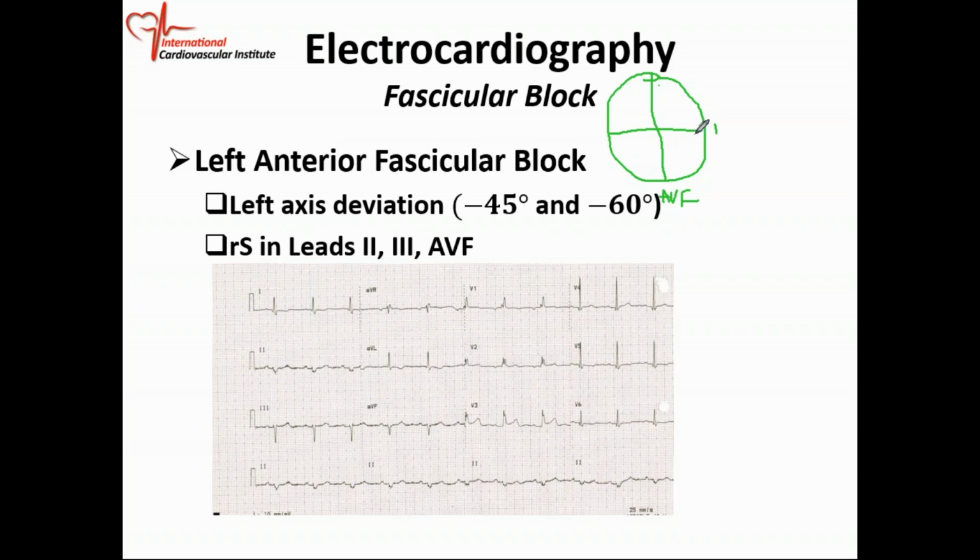So this is AVF, lead 3 is right here. Lead 3 subtends an angle of plus 120. AVR is right here. Positive AVR is right up here. It's minus 150.